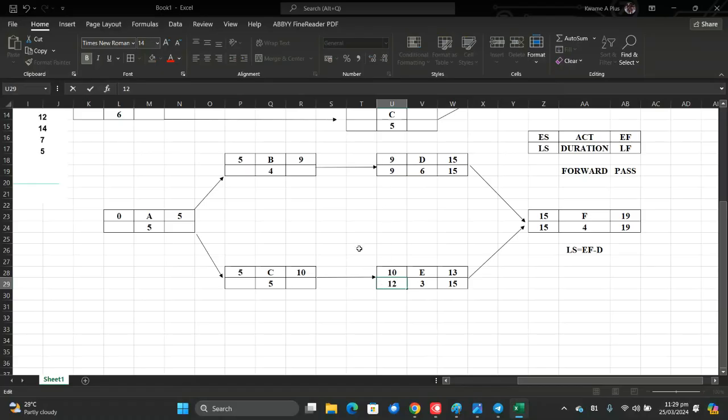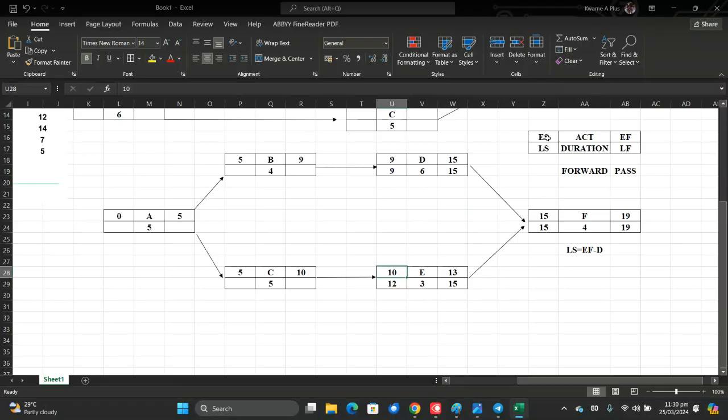Between this and this, the latest finish of this particular activity is going to be... here, is it the earliest start or the earliest finish? I think here is the earliest start.